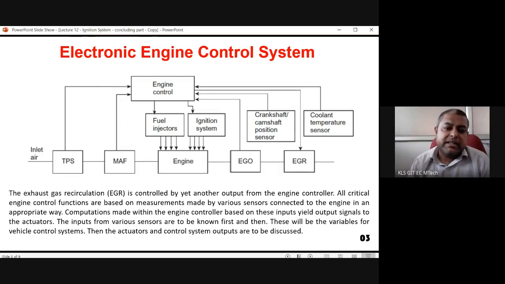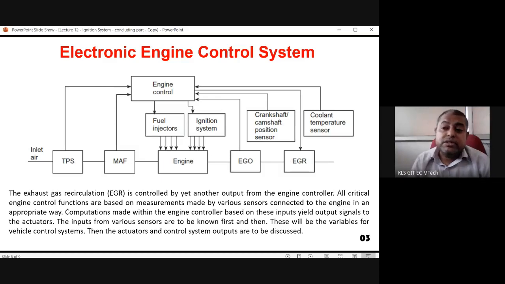All critical engine control functions are based on measurements made by various sensors connected to the engine in an appropriate way. There is a proper timing when signals are accepted from each of the sensors to the engine control, and there is a proper sequence and timing with which the engine control controls the fuel injection and ignition.